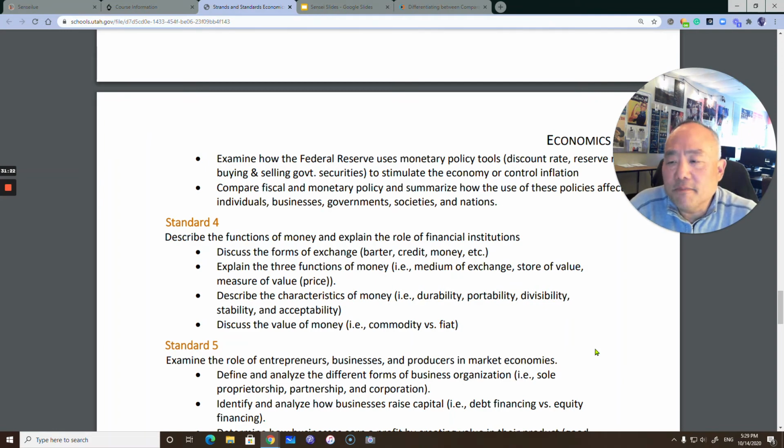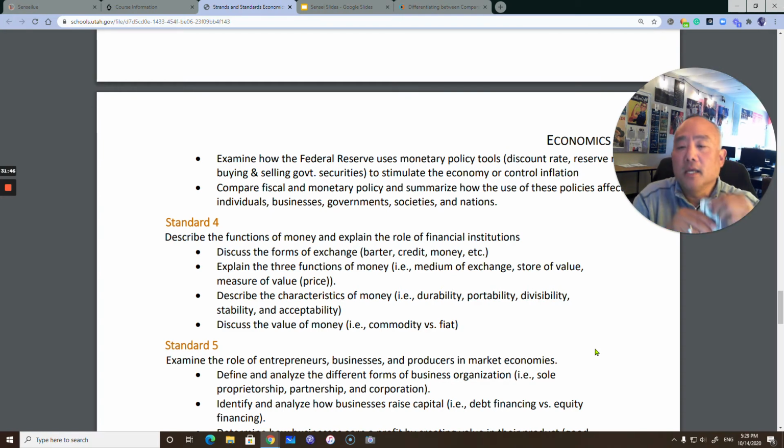The characteristics of money: money is durable, portable. It's easy to put in your wallet and move around. It's easily divisible. It is relatively stable, and it is widely accepted. The U.S. dollar is the global currency. The value of money: what's the difference between a commodity and a fiat money currency? Fiat money is the printed dollars.